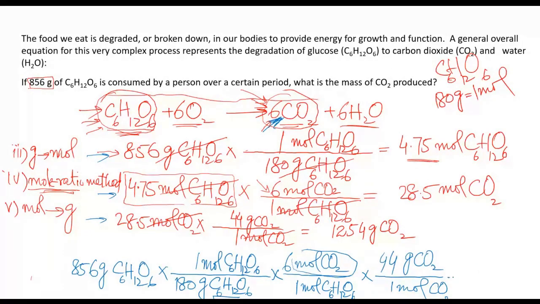When you use the calculator, gram of glucose cancels, mole of glucose cancels, mole of CO2 cancels. We have only numbers. So when you use these numbers in the calculation, you will get 1254 gram of CO2. Same answer.